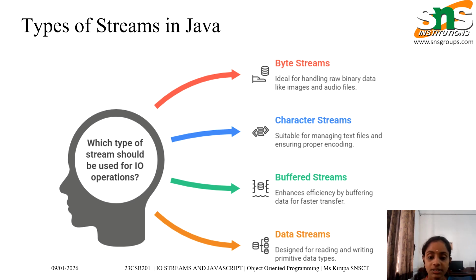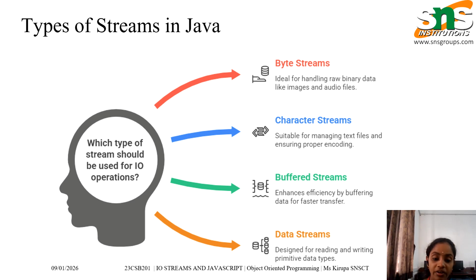Let me recall: byte streams are used for working with non-text files like images, videos, or any audio files. Character streams are used for reading and writing text files, reading and writing character by character.